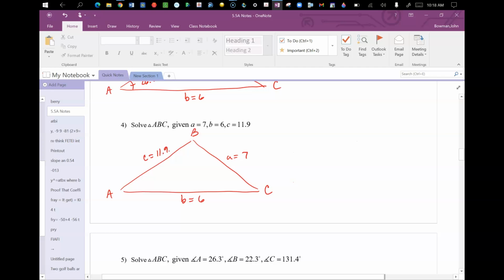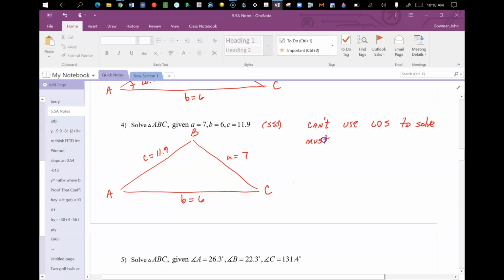This is the side, side, side situation. So side, side, side, you will notice that I did not include that as one of the methods to use the law of sines for. So we're going to put a note here, can't use law of sines to solve.